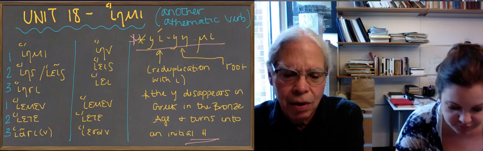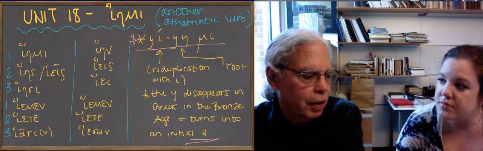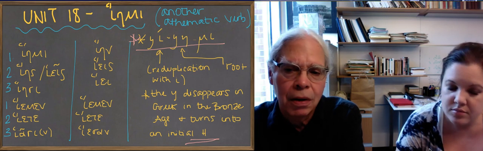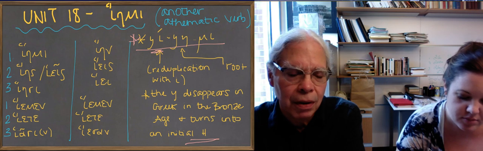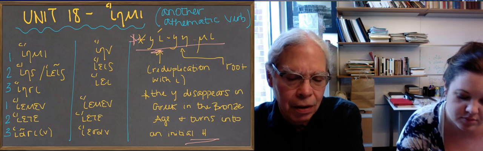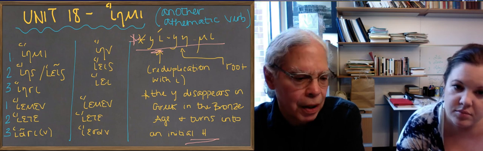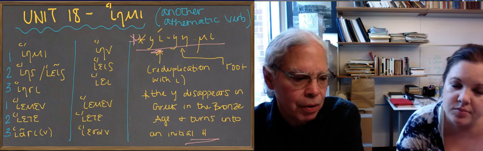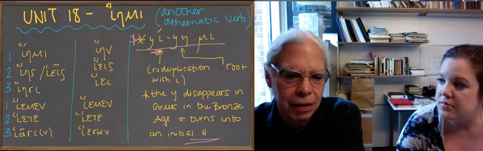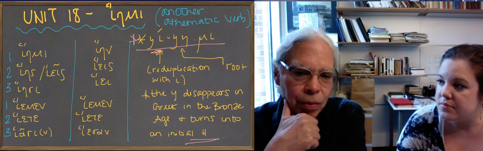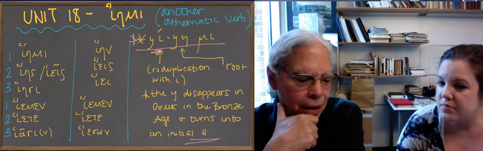And as long as you keep in mind the principle that you have reduplication with an iota in the imperfective aspect system, so in the present and the imperfect, you're going to lose that reduplication with an I and have something like reduplication of a different sort. In this case, we'll see what it is because we're not beginning with a consonant.